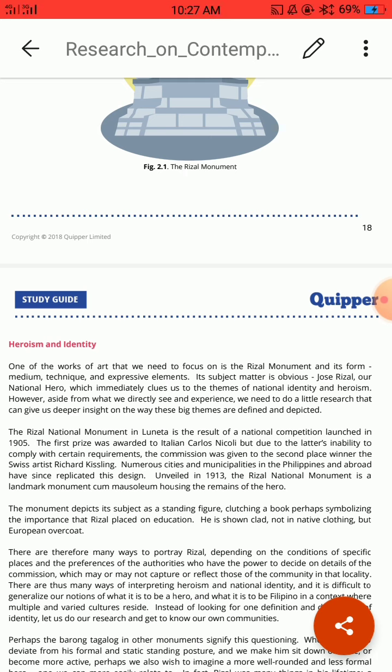The first prize was awarded to Italian Carlos Nicolai, but wala niya na comply ang mga certain requirements. So ang prize nahatag sa second place winner nga si Richard Kisling. Numerous cities and municipalities in the Philippines and abroad have since replicated this design.